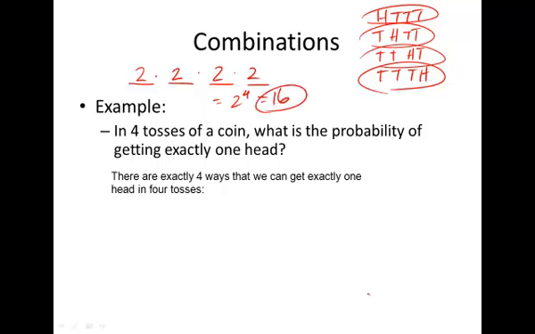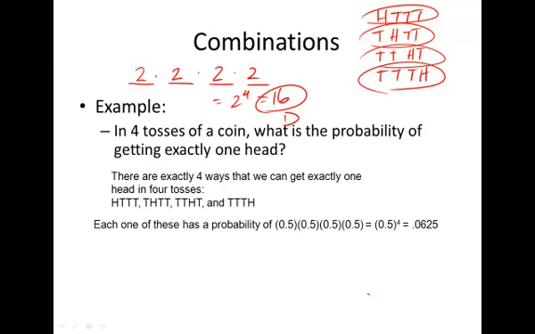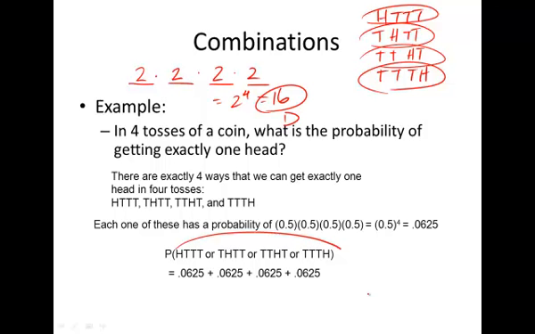So the denominator is going to be 16. Each one of these has a probability of 1/2, or 0.5. So the probability of any of those 4 happening, because those are disjoint events, we can add their probabilities.